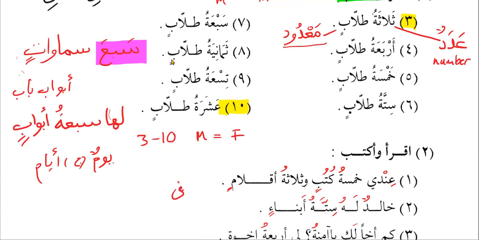He always says, في ستة أيام. نعم. ستة مضاف، أيام مضاف إليه. It has a kasra because of the fi. الله الذي خلق 7 سماوات في 6 أيام. جيد.